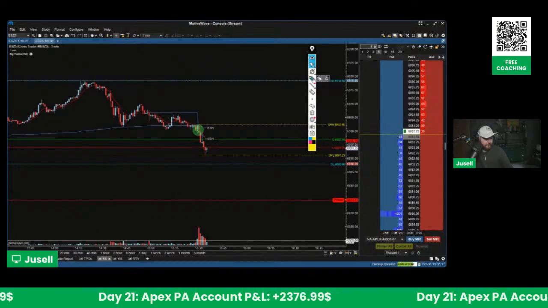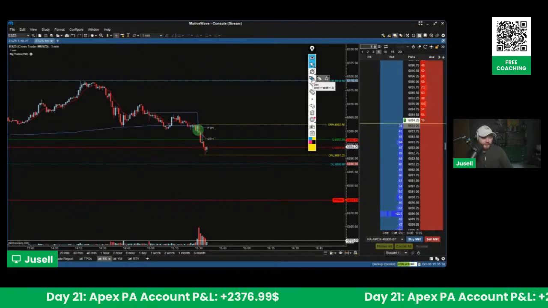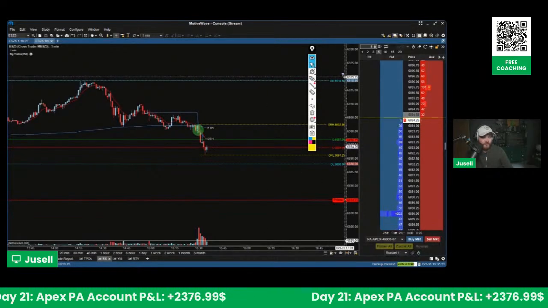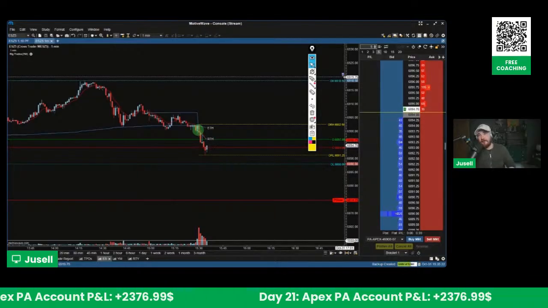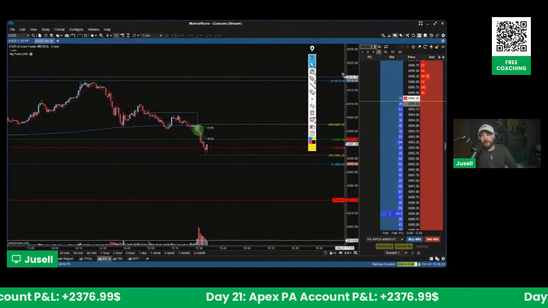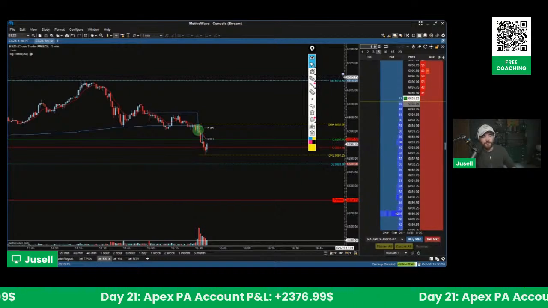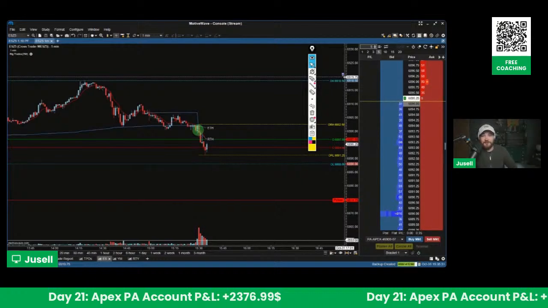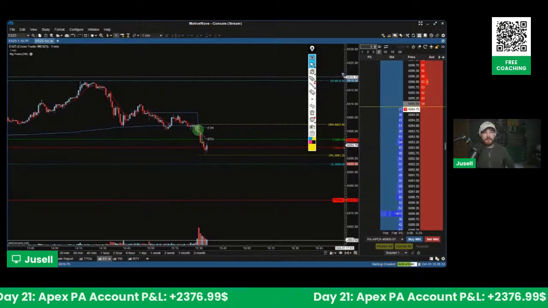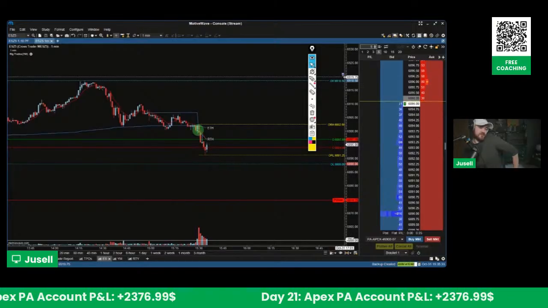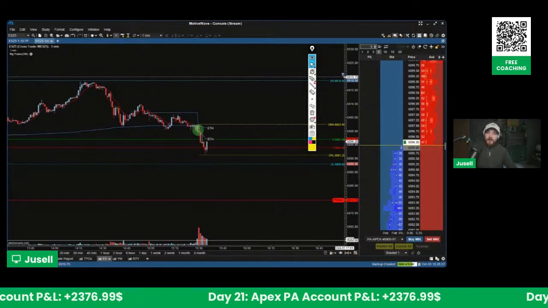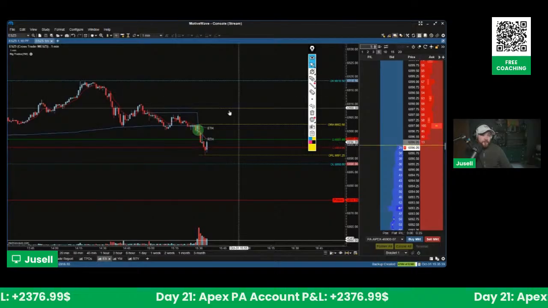So let's make a proper high and then take out the previous close for a really good risk reward trade. The probability is probably not the best, but you get so good risk reward, and I would say it's probably around 50-50 if the target is hit today. So I would take that any time of the day.